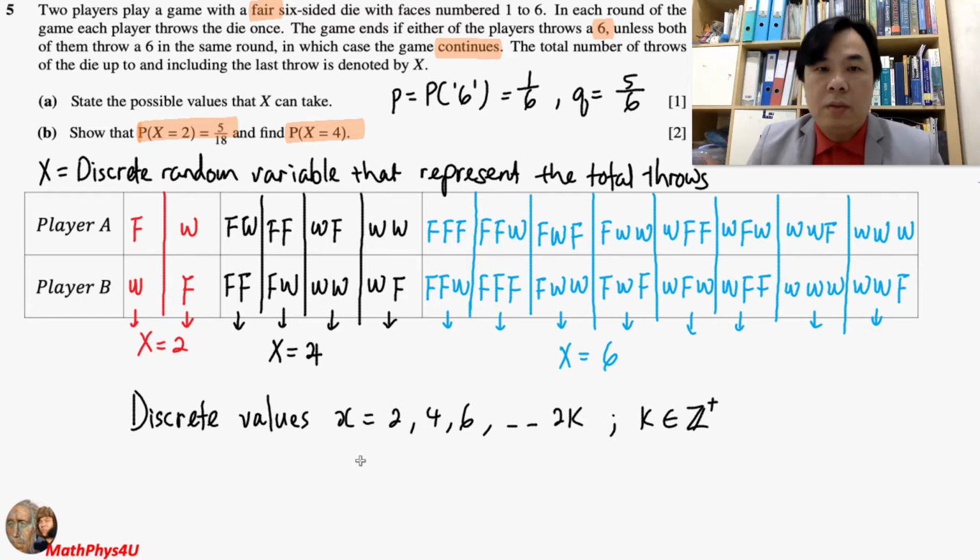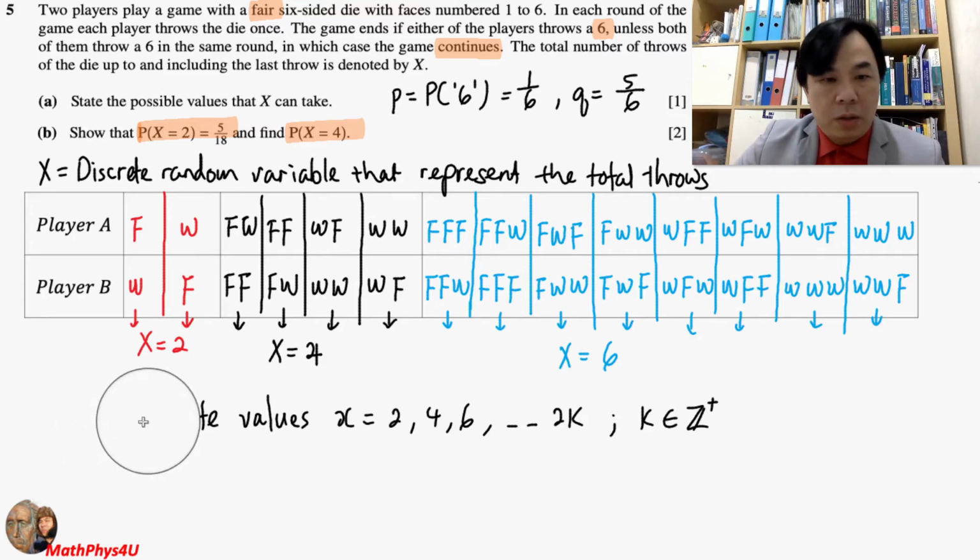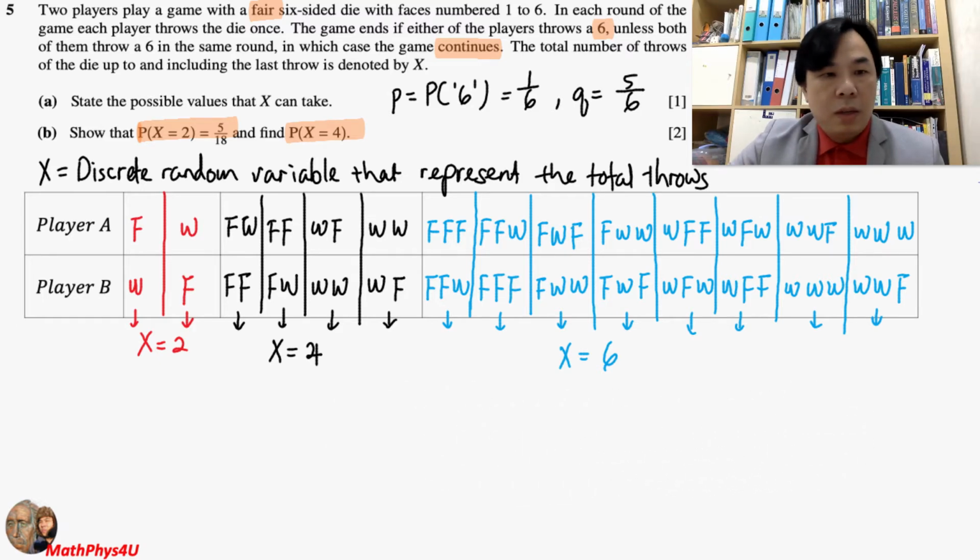Okay, so if you're okay with that, now I'm going to work out the probability of x equal to 2. Right, now we don't need this anymore. Let me clean this up. Okay, so the table of results that we have obtained is very useful for us to determine the probability of x equal to 2 here.